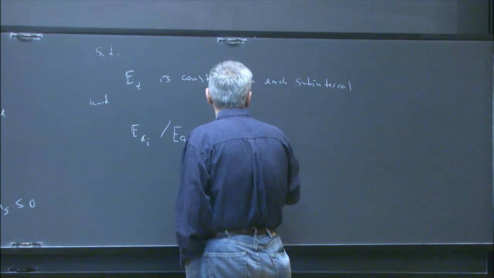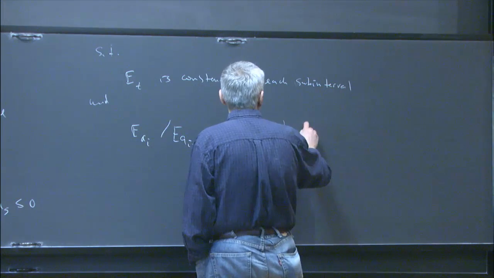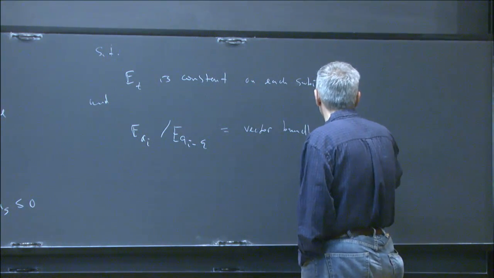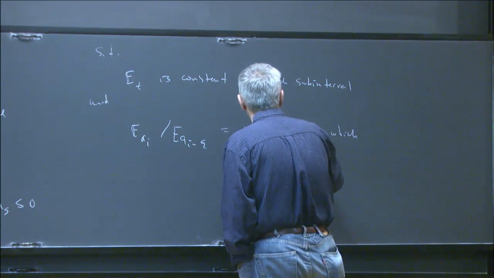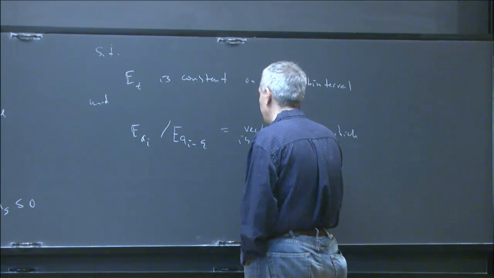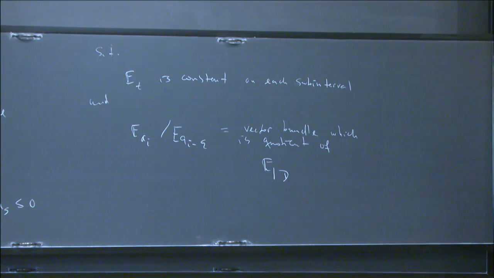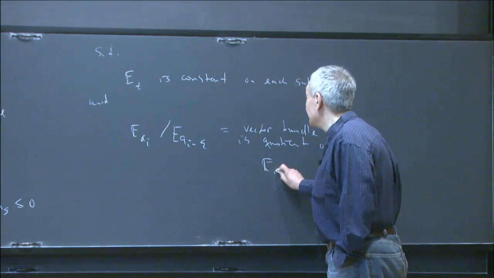So this is a vector bundle which is a quotient of E restricted to the divisor. Is that the consequence of what you said, right? Say it again?